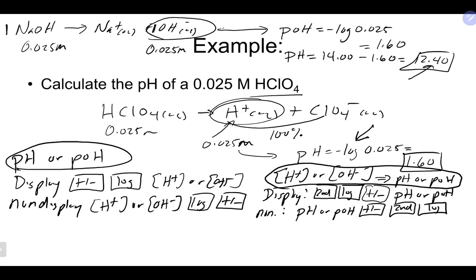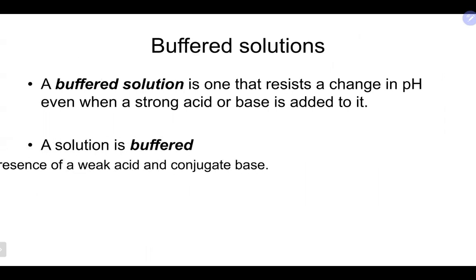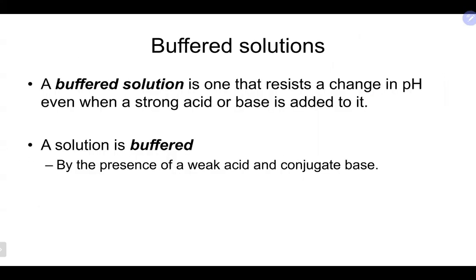All right. Then let's finish talking about, in this chapter here, buffers. So a buffer is a solution that will resist changes in pH, even if you add more acid or base to it.